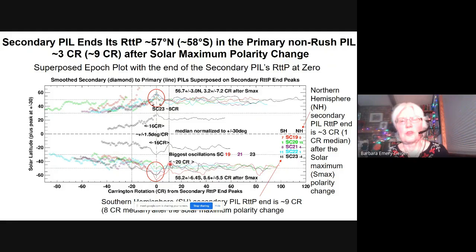And for solar cycle 23, it's more like 35 to 40 Carrington rotations, and that's where it has the abrupt 10-degree shift. We have looked at the 5 solar cycles here, and that's where you get the averages. The northern hemisphere is 3 Carrington rotations after the end of the primary, and the southern is 9.